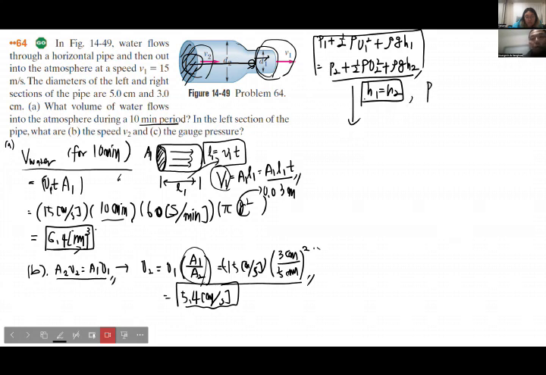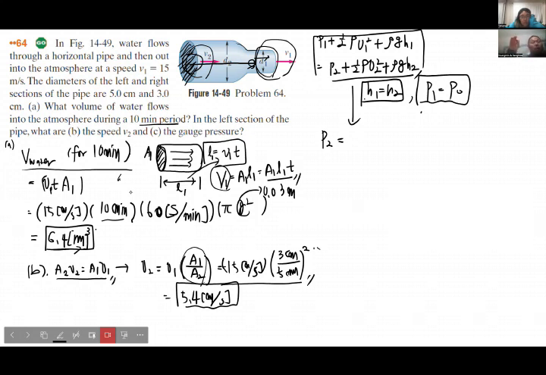And here, you can think of P1 as atmospheric pressure. So if you convert it, because the cross-sectional area is different, the gauge pressure at position 1 and at position 2 must be different, because when the water or liquid is squeezed into the narrow pipe, that increases speed and also increases pressure.